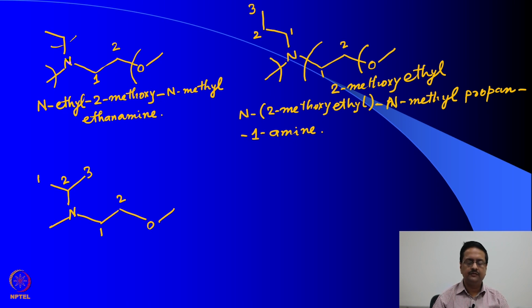So, this is again a propanamine, but not like the previous one where it is propan-1-amine, it is propan-2-amine, and this group remains as it is, and I have N-methyl as it is.